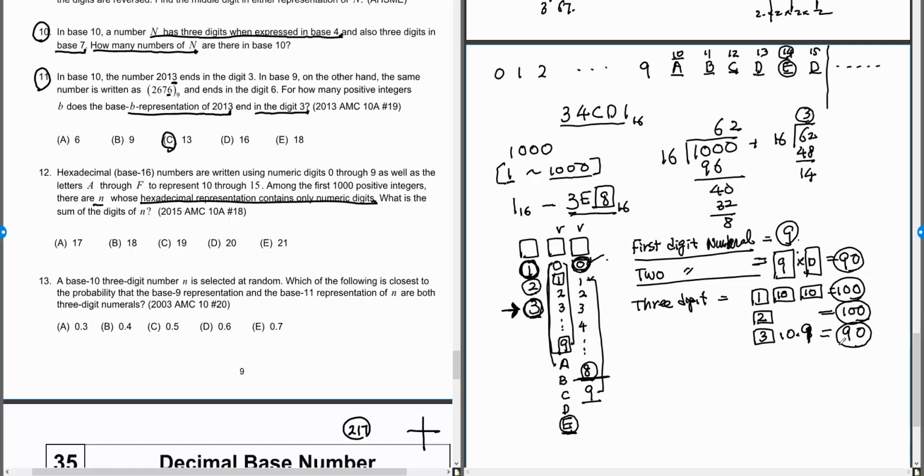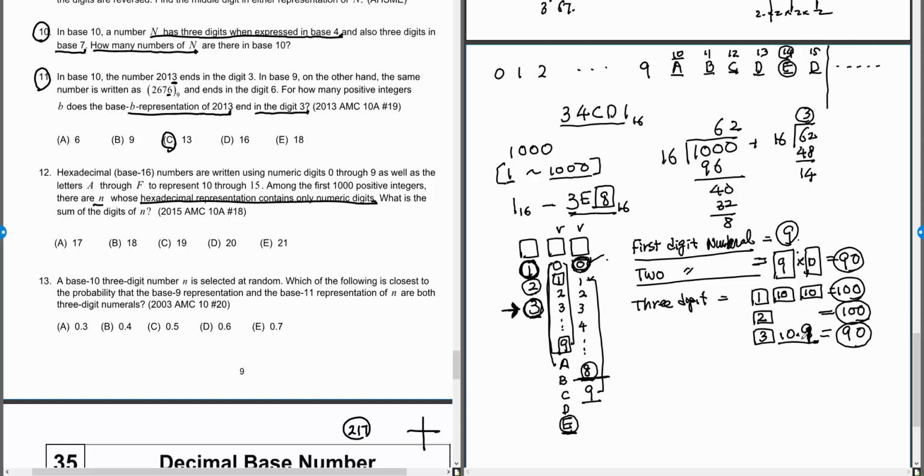Let me see. I'm confused. The 3-digit case is correct.